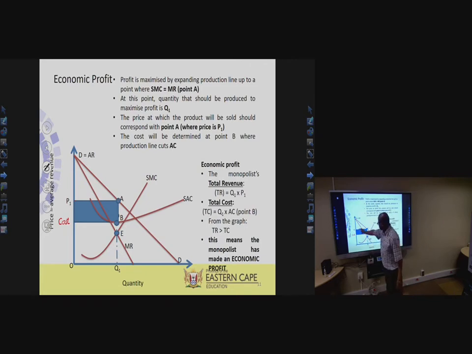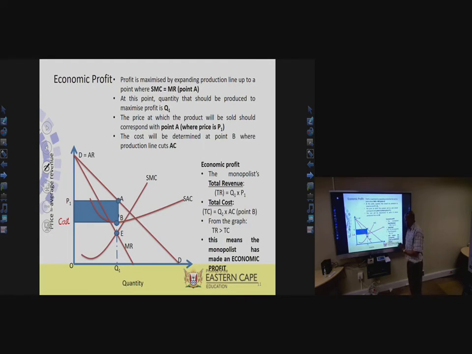Consumers are saying, we can purchase this quantity at that particular price at P1. Monopolies have no problem with that. They will say, we can also sell that quantity at that particular price, P1.